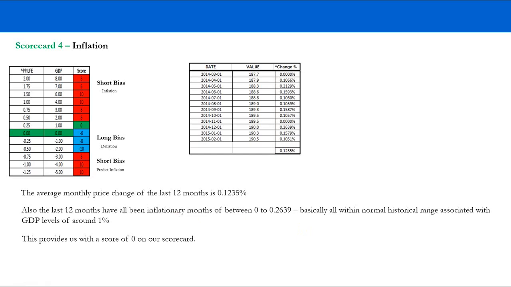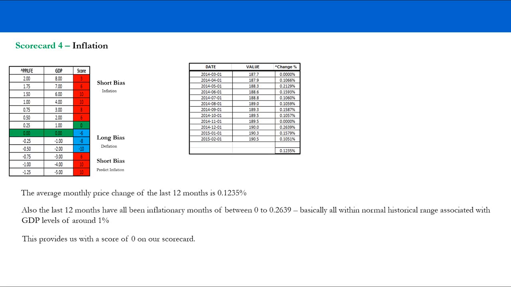It does seem that the recent fall in oil prices, as evidenced by PPI including food and energy, which provided us with a deflationary number, long bias, could be seeping over and creeping into other items in the US economy. We're going to be conservative and score probably around a 0, but we still need to look deeper into the numbers and really understand them, so we understand when things happen, where everything is moving and where things are coming from.